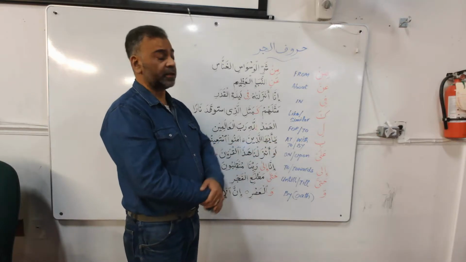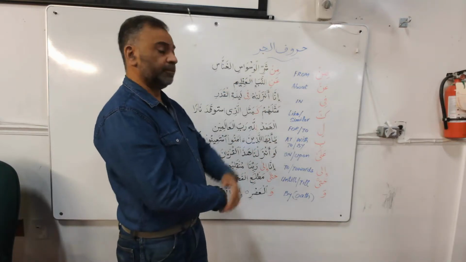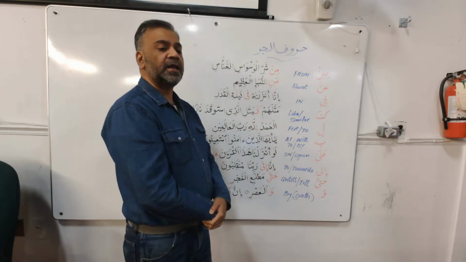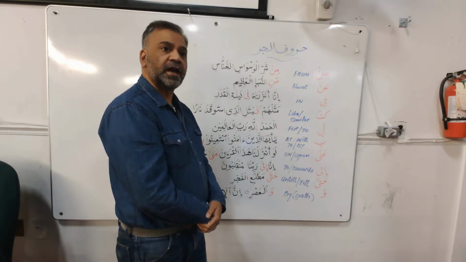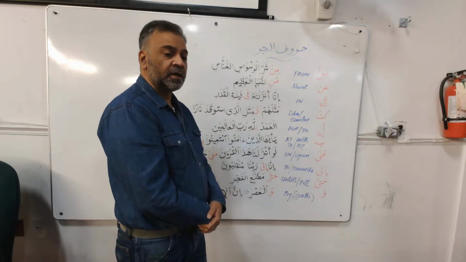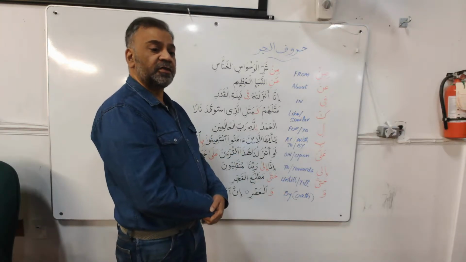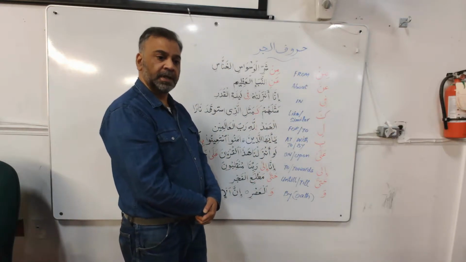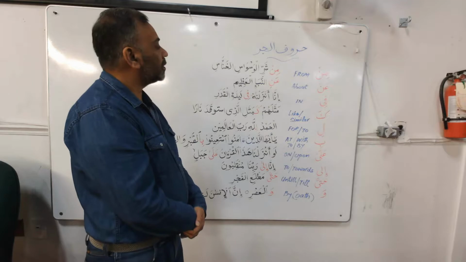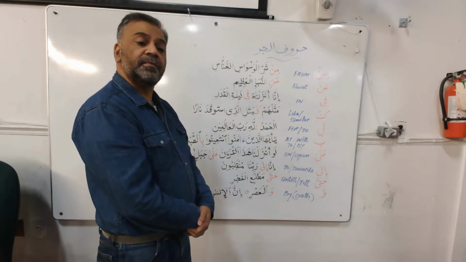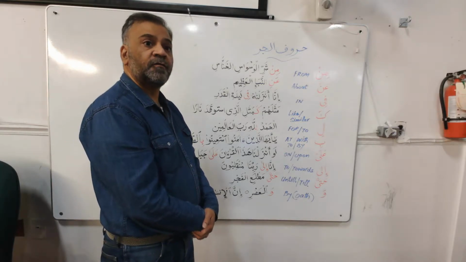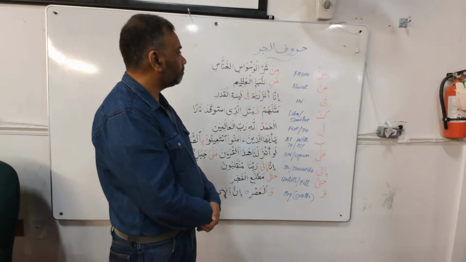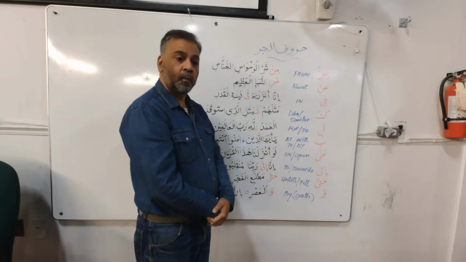So to begin with, what is huruf jar? Let's go through the haruf jar one by one, and I'm pretty sure you would recognize these hurufs when you recite the Quran. The first one is min. What does min mean? From.